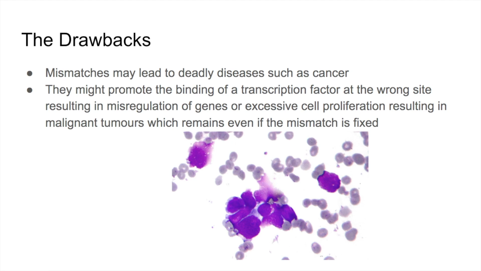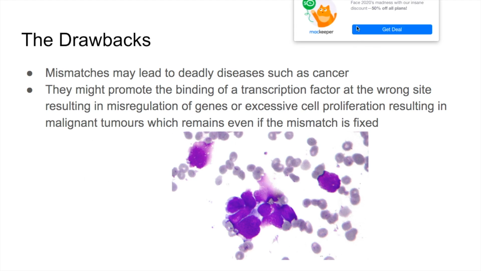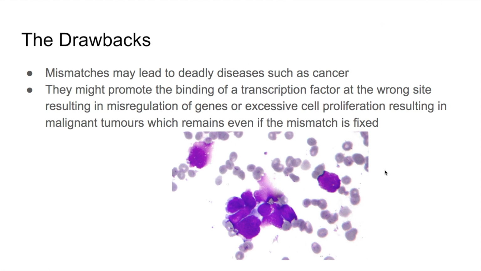This is because single mismatches do promote binding of proteins, and this may be at the wrong site, resulting in misregulation of genes or even the initiation of the production of proteins that allow excessive cell proliferation, resulting in the formation of irregular masses of cells that may be malignant tumors. And this remains even if the mismatch is fixed. So even if we fix this mismatch, the malignant tumors won't go away, and the cancer will not be able to be controlled.